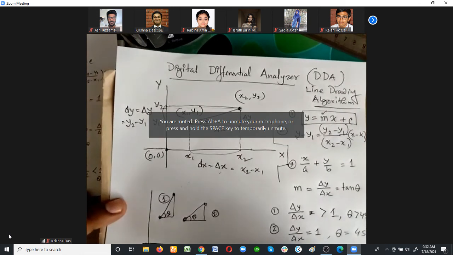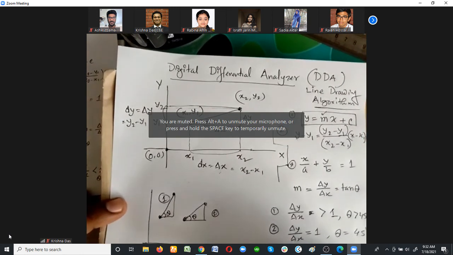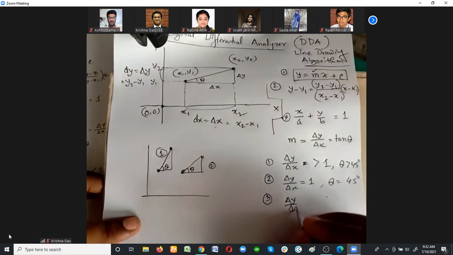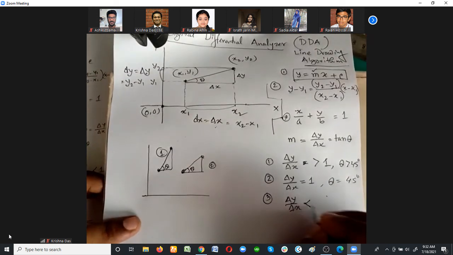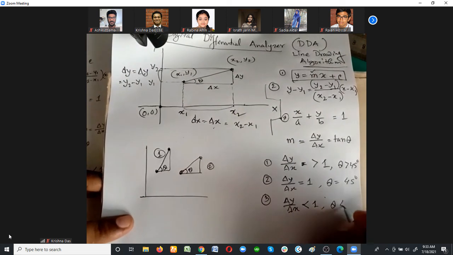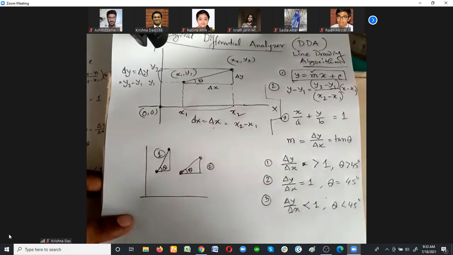Another scenario can be where del y over del x is less than 1, and then theta would be less than 45 degrees.